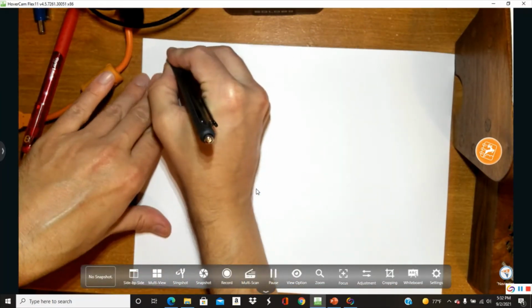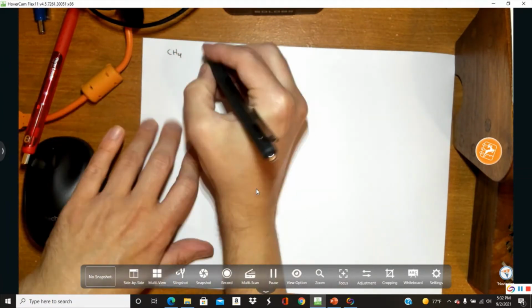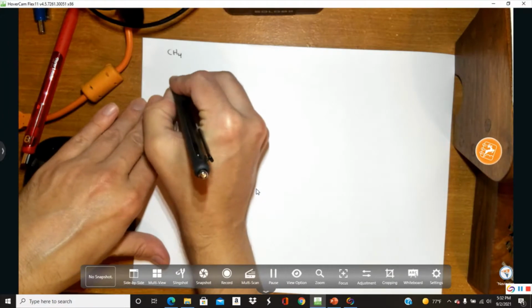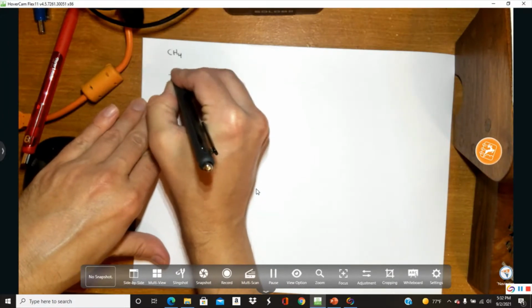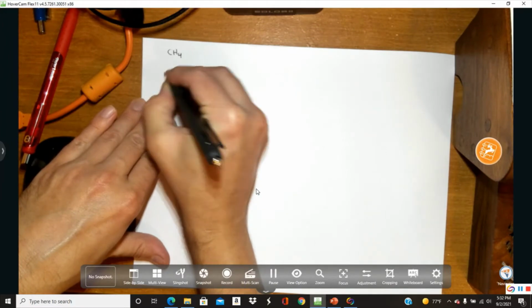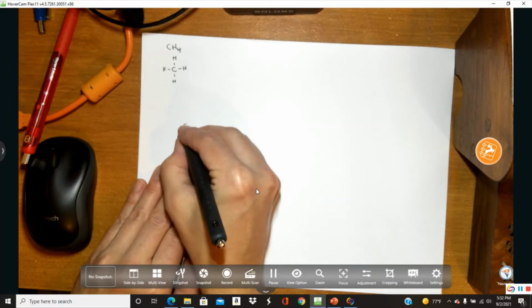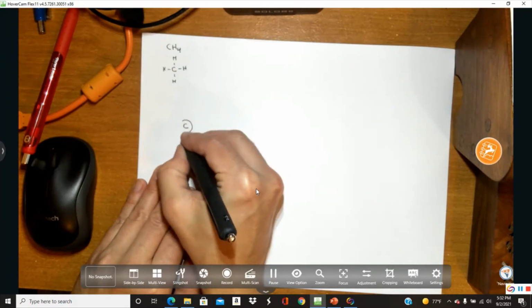Let's try CH4. What we might see is something like this: carbon forming 4 individual bonds here with hydrogens. Carbon, as we might remember, has a structure somewhat like this.